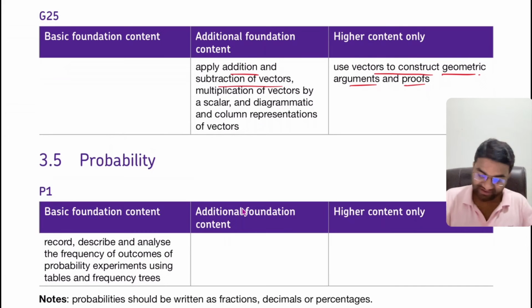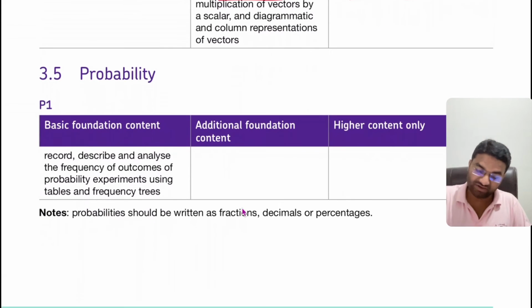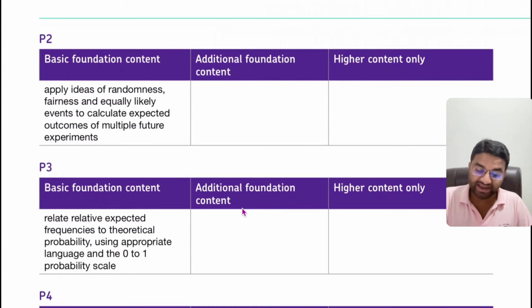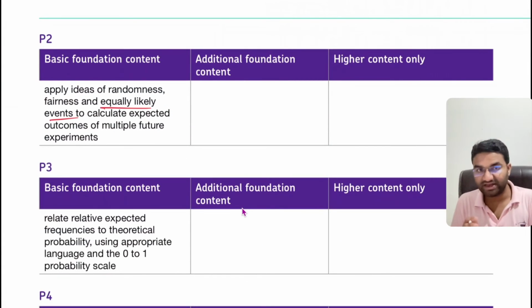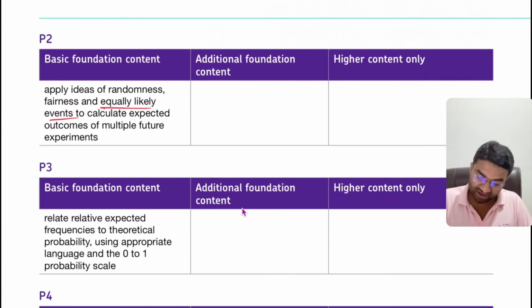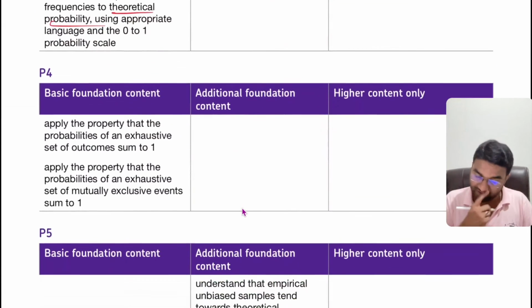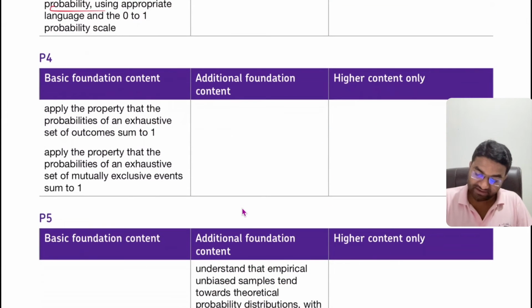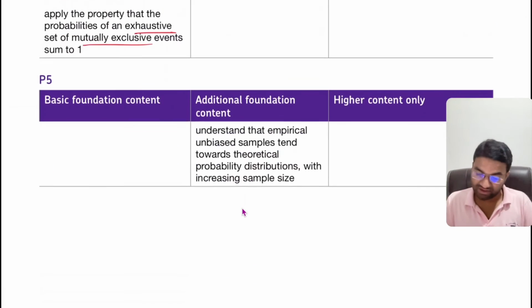All right, so next we have probability. Again we have to discuss the probability concept and outcomes. Next, various events, equally likely outcomes, then theoretical probability. Then the probabilities of mutually exclusive events.